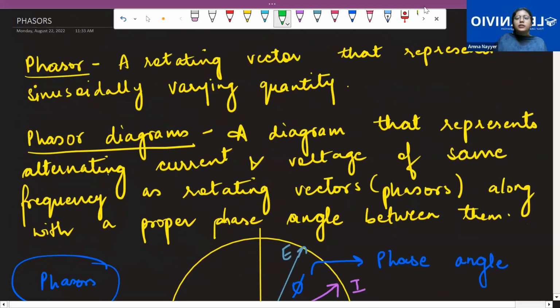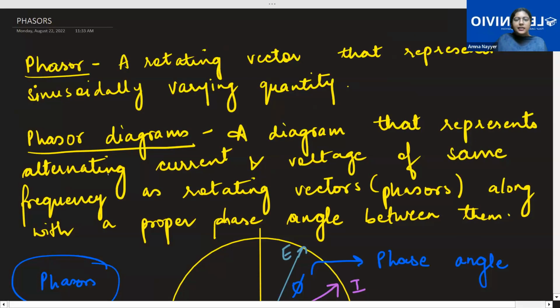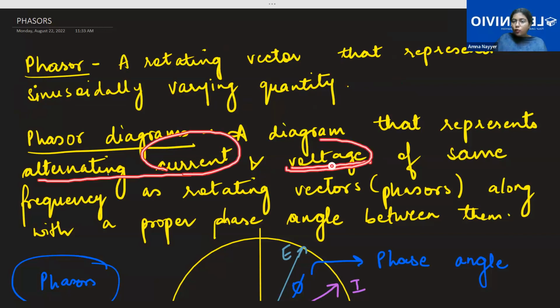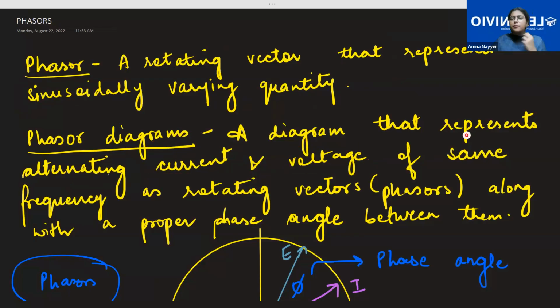So I'll read it with you. This says a rotating vector that represents a sinusoidally varying quantity. We know the sinusoidally varying quantity is the alternating current. So what are phasor diagrams? A diagram that represents alternating current and voltage of the same frequency as rotating vectors, which are known as phasors.